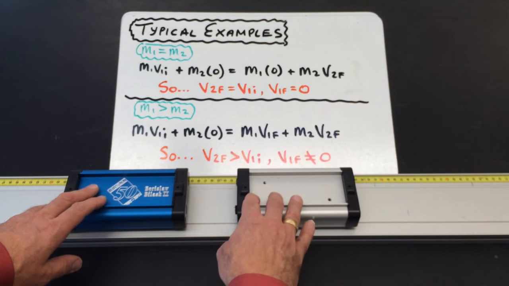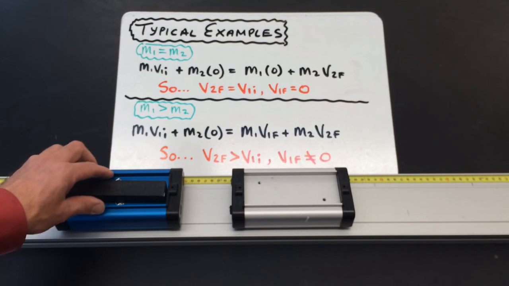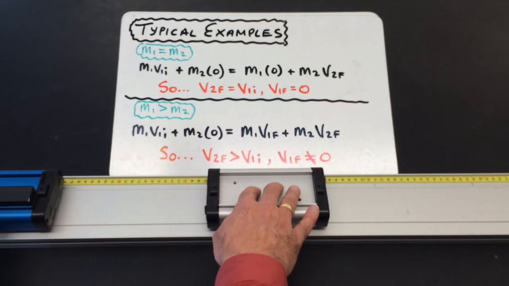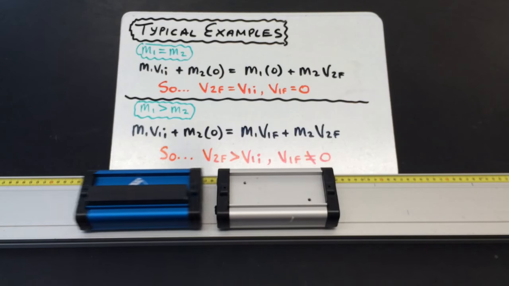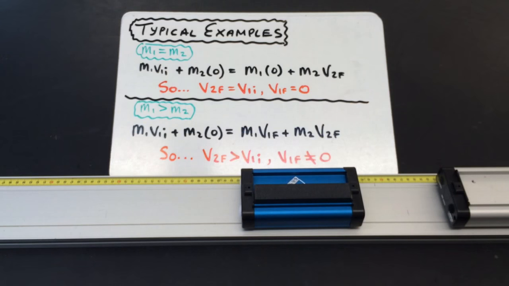Now, if we repeat that collision, but we make object 1 more massive, so now I've doubled the mass by adding this weight here, this will be stationary. And let's see what happens when the two collide. We see that both objects end up having a final velocity.